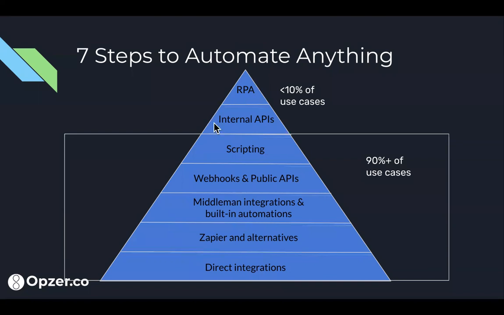So in the case of the internal APIs, it's essentially trying to replicate what you want done in the user in a browser, and trying to see if the browser is performing certain requests. And again, because this is a lot more complex, I don't want to dive deeper into it, but at a high level, you're looking at the browser, you're seeing what the browser is doing, and you're trying to replicate that into a webhook, essentially.